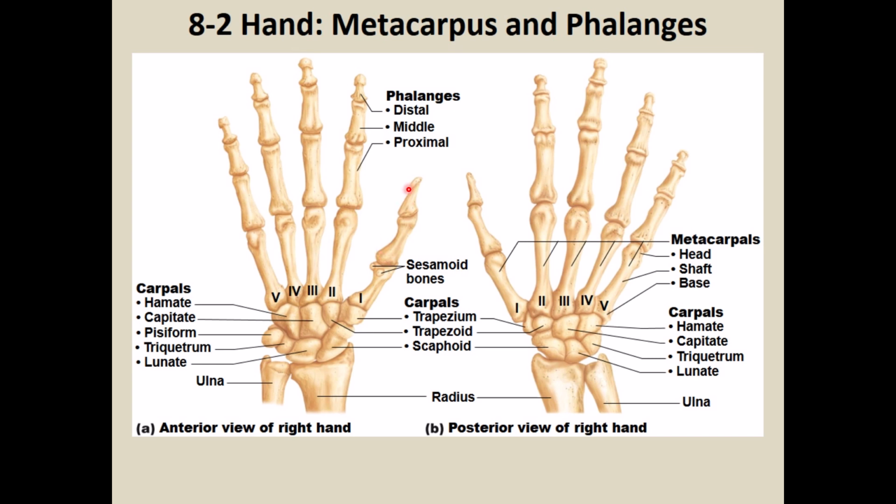So the thumb in anatomical position is located laterally. So scaphoid, lunate, triquetrum, and pisiform. Okay, so this pisiform is the one that you can view anteriorly, but you cannot view it posteriorly. You cannot see it here. So here again, scaphoid, this is lunate and triquetrum, but you cannot see the pisiform. So that will upset you, I know.